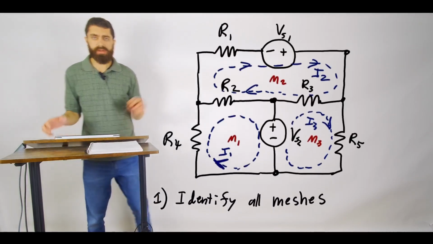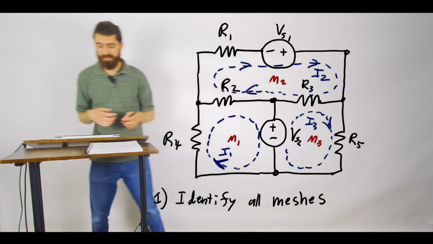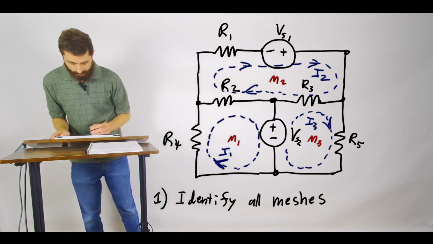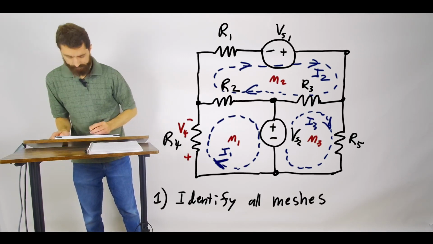And actually, while we're at it, let's also define our voltages across our resistors. So I could say this is plus and minus V4.